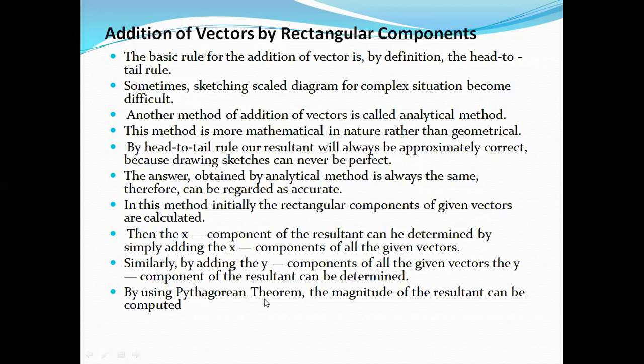By using Pythagoras theorem, the magnitude of the resultant can be computed. That means, by using Pythagoras theorem, which is hypotenuse square is equal to perpendicular square plus base square, we can determine the horizontal and vertical components, and by that we can calculate the resultant of those vectors.